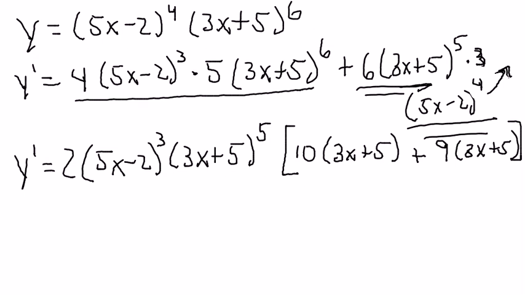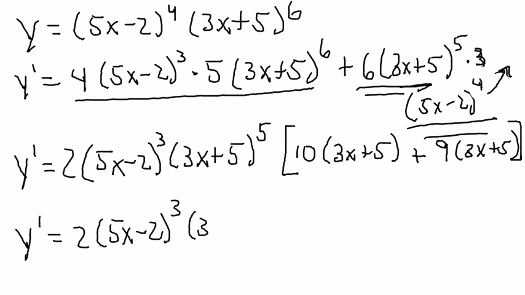From there, we want to distribute the 10, distribute the 9, simplify what I have in brackets. And ultimately, when I write it as the product of factors, it's going to be 2 times (5x minus 2) cubed (3x plus 5) to the 5th times (75x plus 32).